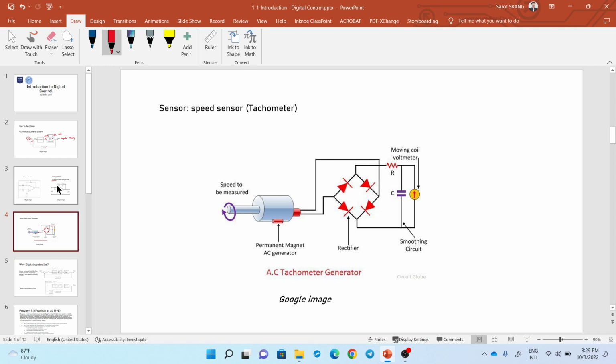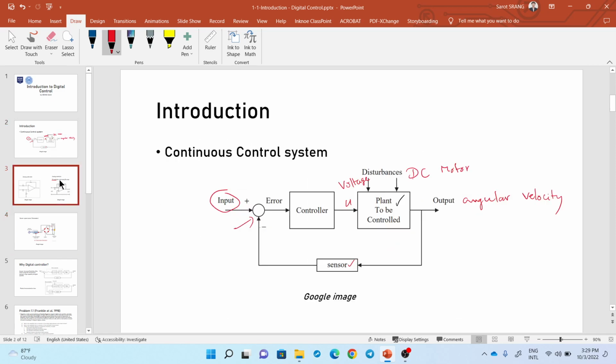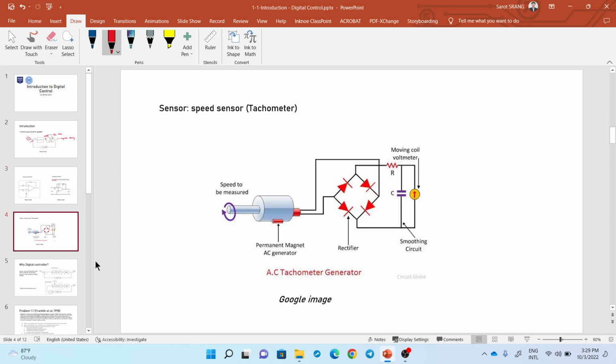So in here, to control a system, for example, a DC motor, you need to have this kind of circuits, right? If you can select all the components correctly, then you can implement it and you can get good result.